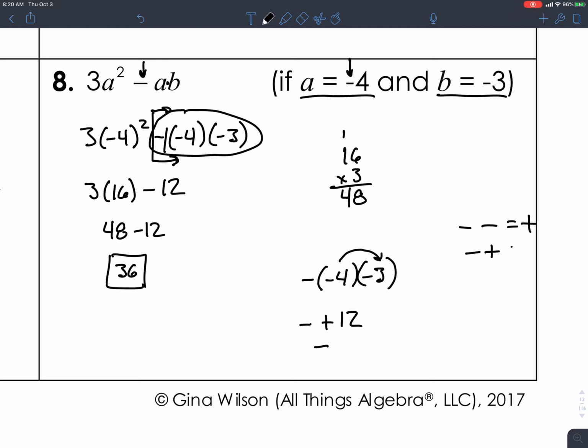A negative and a positive gives me a negative. So that gives me a negative 12. So that's where this negative 12 really comes from, if you want to tear it apart. Because these two things became the positive 12, I just ended up with a negative 12, or subtracting 12.